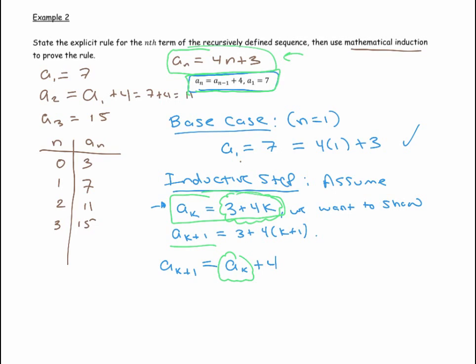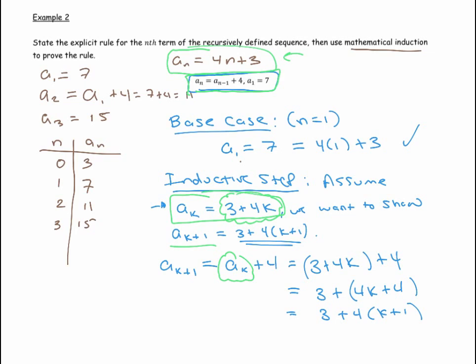And once we simplify, hopefully we get this. So this equals 3 plus 4k plus 4. And now you can see what's going to happen. Now I've just rearranged the terms and I've shown exactly what I want to show. Right? So if it's true for the kth number, that necessarily implies it's true for the k plus first number, and now our inductive proof is done.